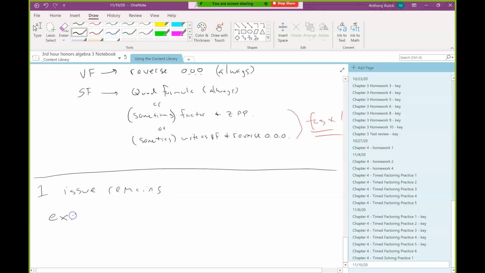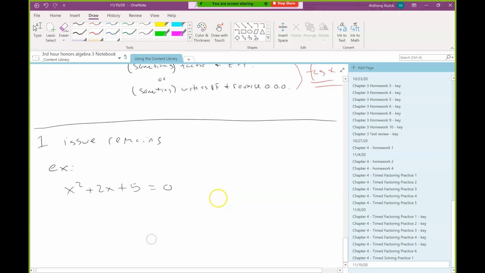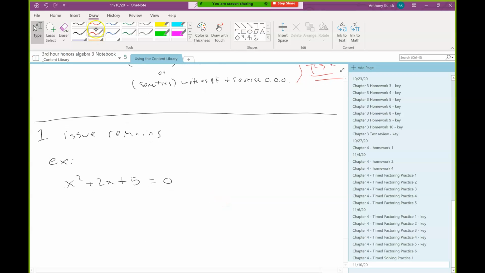Actually, let's make this problem simpler. Make it real obvious. What's going to be the easiest way to solve this problem? Yeah, I would just do the reverse order of operations on this, right? Very fast.